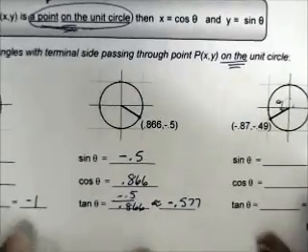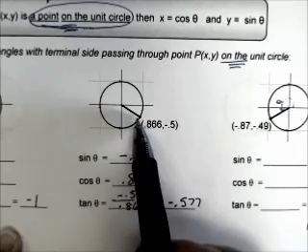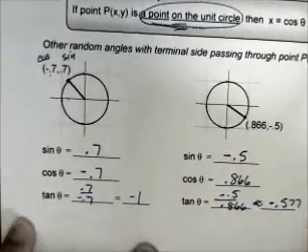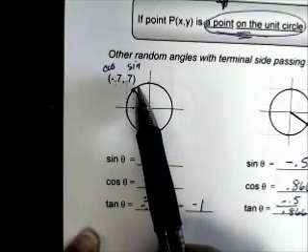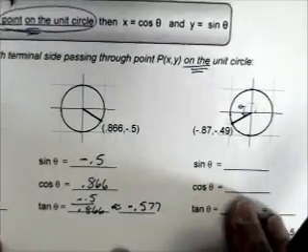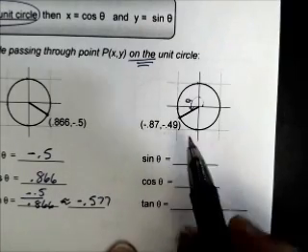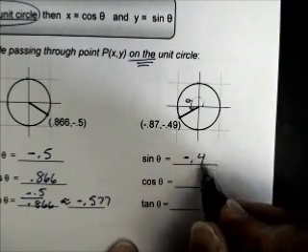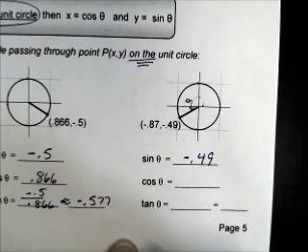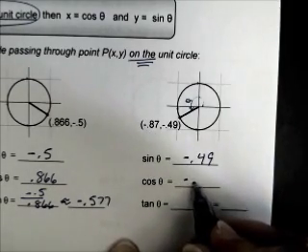If I go back, a positive x and negative y value puts us in quadrant 4, and a negative x and a positive y will place us in quadrant 2. What is the sine of this angle here? Again, it's the y-coordinate, negative 0.49. The cosine of our angle is the x-coordinate of this point, negative 0.87.